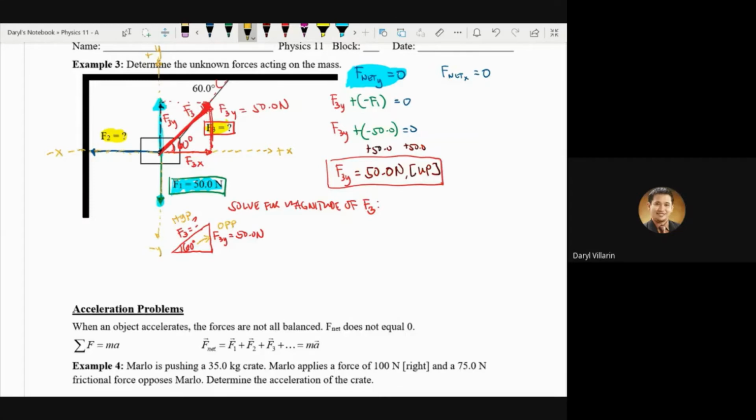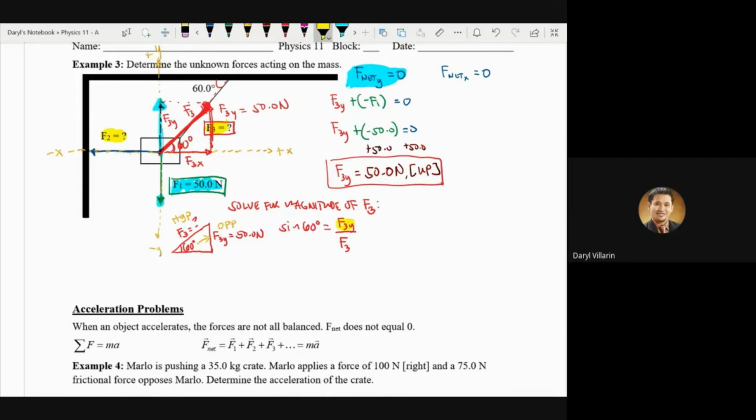So I have the angle and the opposite side. Is it not that using the sine function, I can solve for the hypotenuse? Again, F3 is the hypotenuse. So using the sine function, sine of 60 degrees is opposite, which is F3Y, all over the hypotenuse F3.